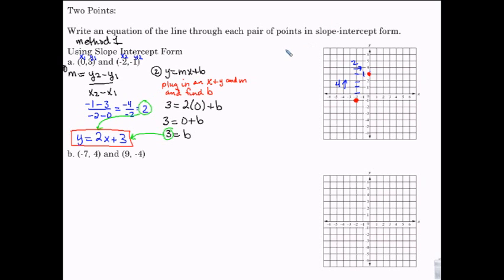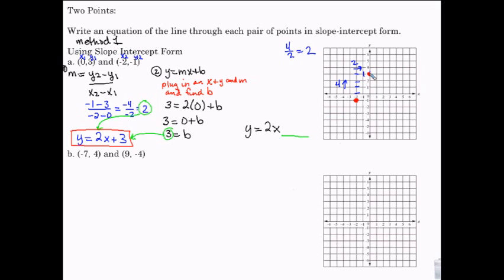Between those 2 points, I went up 4 over 2. So that gives me my slope of 2. Okay. So right now, for the equation, just from this much of the picture, I have y equals 2x. I still need to find that plus b portion.